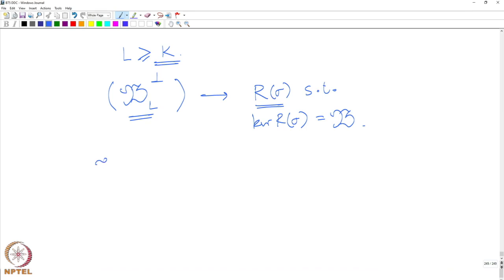The data written in the form of an L-size Hankel matrix looks like this. It is a single trajectory data, right: W0, W1, W2 dot dot dot WL; W1, W2, W3 dot dot dot WL plus 1; and so on.